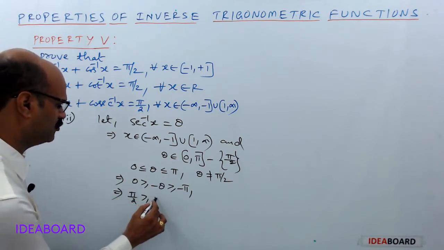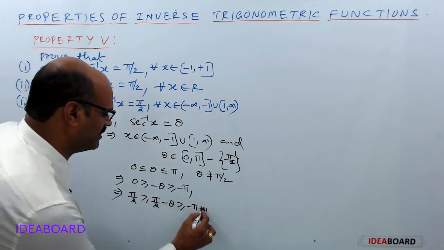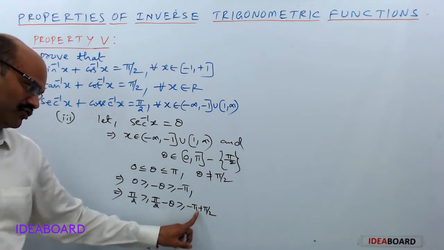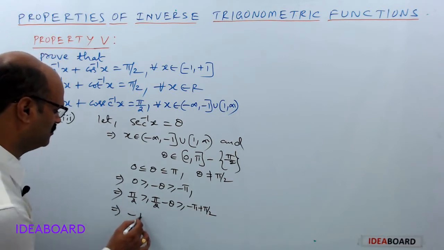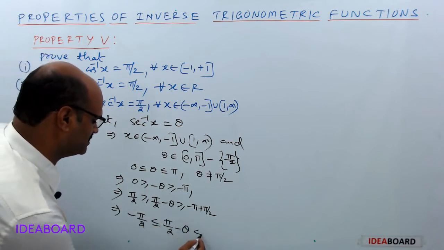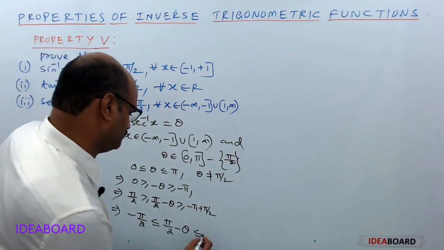Pi by 2 greater than or equal to pi by 2 minus theta greater than or equal to minus pi plus pi by 2, which is minus pi by 2. So minus pi by 2 less than or equal to pi by 2 minus theta less than or equal to plus pi by 2.